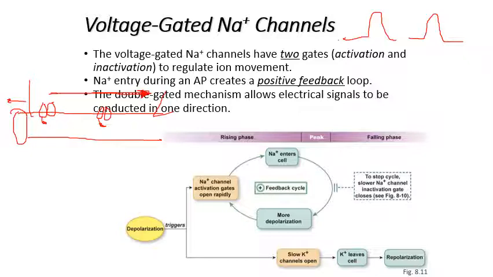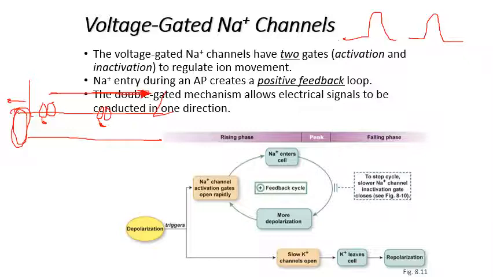Okay, but remember our trigger zone. Let's just say this is the trigger zone here, and we get up to negative 55 millivolts. I only have one channel here, but you can imagine around this axon there are many channels in this stretch. So the membrane has many voltage gated sodium channels and voltage gated potassium channels.